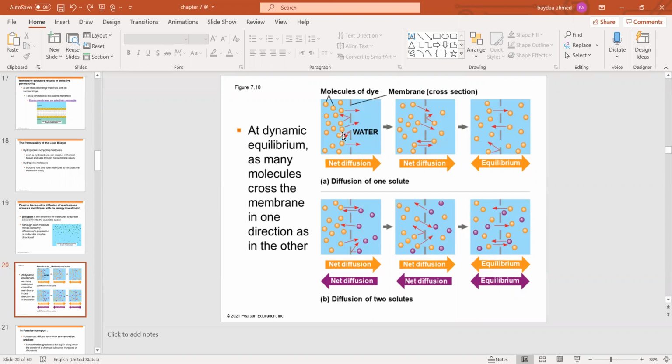The dye diffuses from the more concentrated side to the less concentrated side. We call this diffusion down a concentration gradient. And then a dynamic equilibrium results. Solute molecules still cross, but at roughly equal rates in both directions.